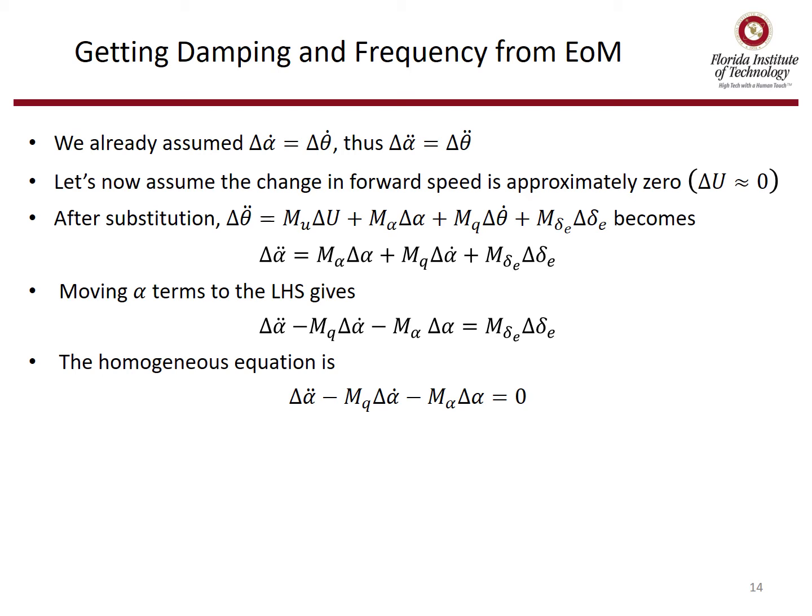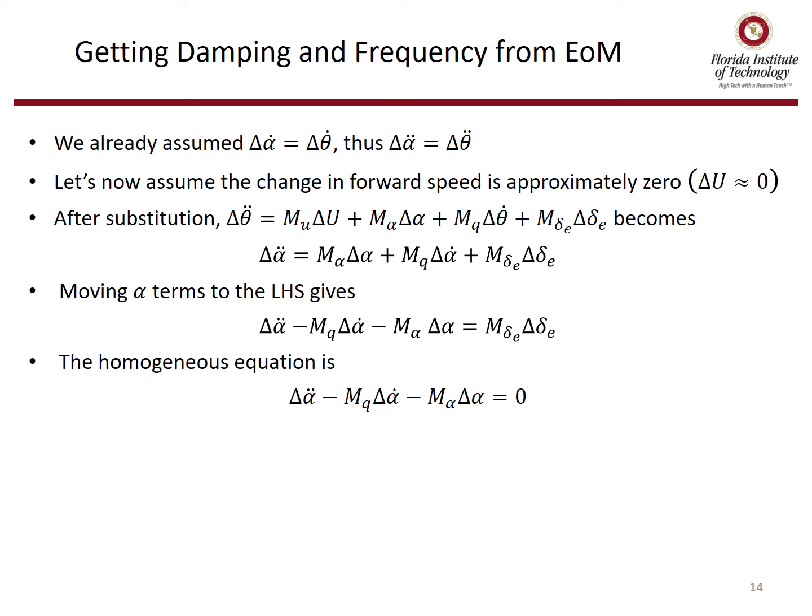To take another derivative, that just means delta alpha double dot will equal delta theta double dot. Next, let's assume that the change in forward speed is approximately 0. Not the forward speed, but the change in forward speed. So with those assumptions, we can make some substitutions and simplify our equation.